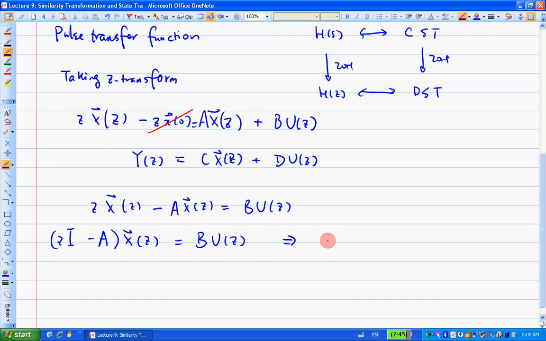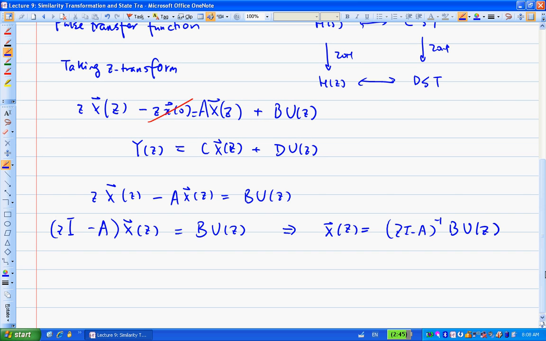So then your X of z equals the inverse of this multiplied by this one here. That's your X of z in terms of U of z. But your pulse transfer function is the transfer function between Y and U. So we substitute this term over here.